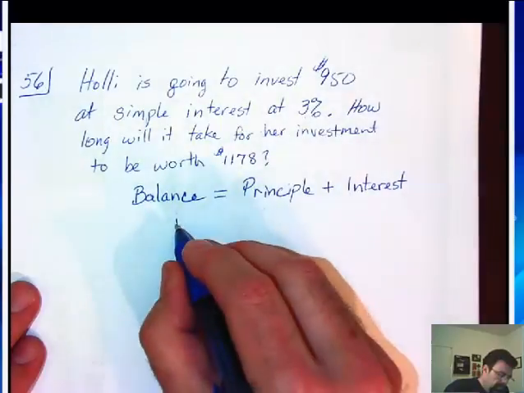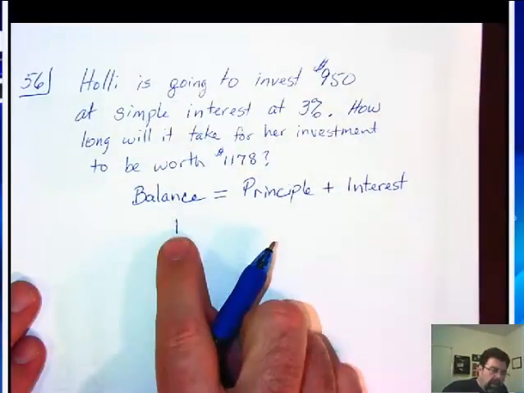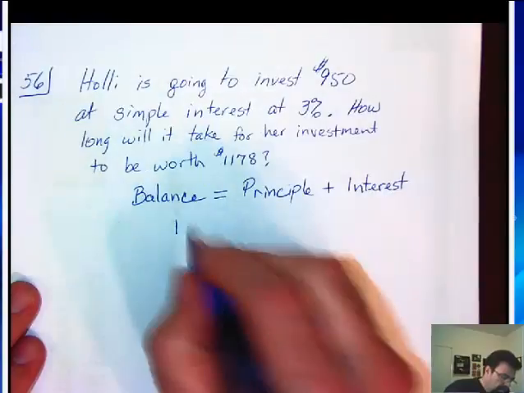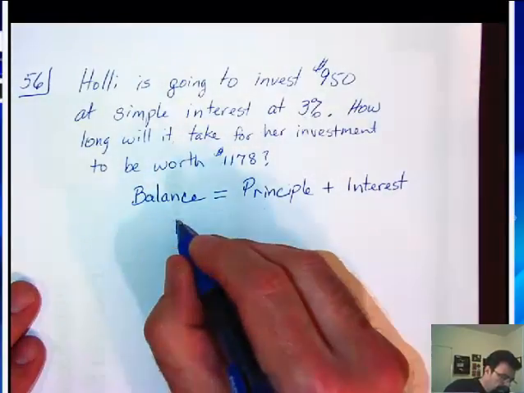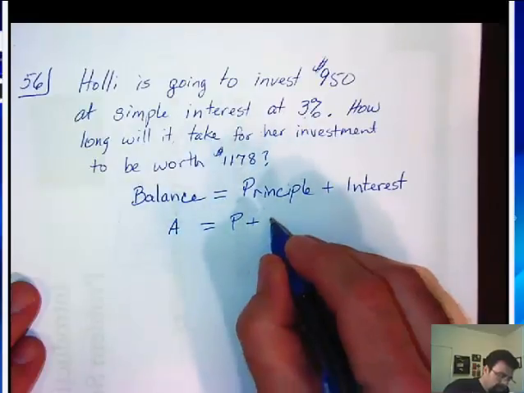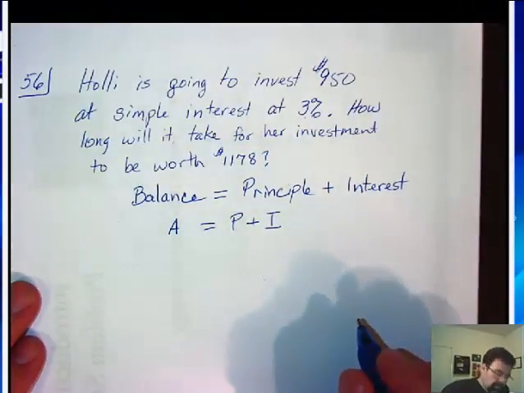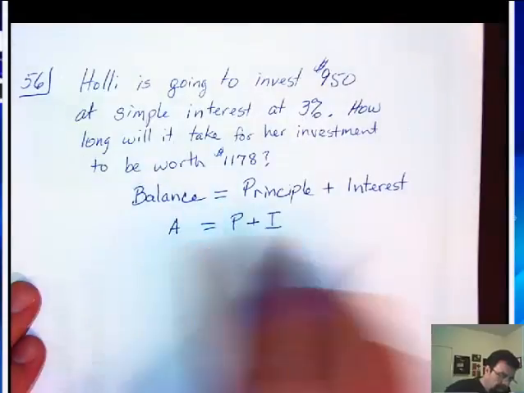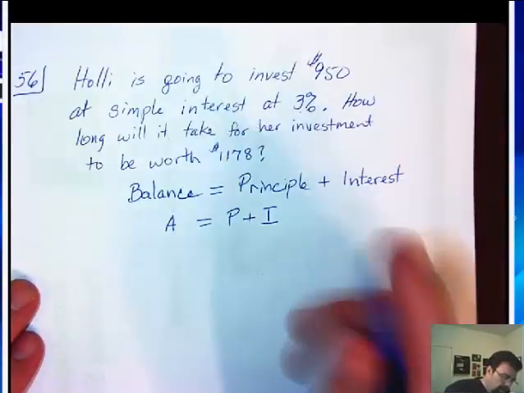A lot of times we use A for balance. Sometimes you use B. I'm going to use A. Okay, so that's the balance, the amount that's in your account.